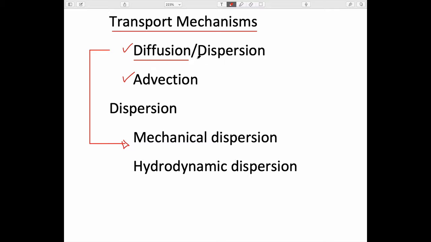Dispersion we gave an explanation for based on this spreading, but so far in our characterization when we talked about D star, we've really only talked about Fick's law and using diffusion to be able to do that. And so we haven't necessarily talked in much detail about this.